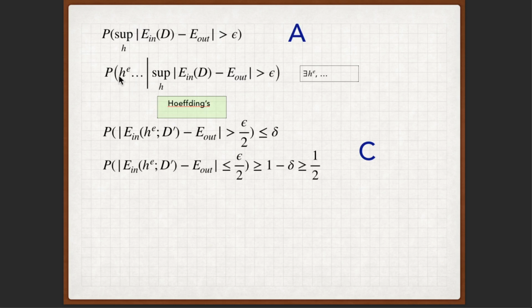Let's consider, what if we take another training dataset, which is different from the previous one, on which our HE is evaluated inaccurately with respect to its out-of-sample error. Let's call that new dataset D prime. Because HE was selected using the original dataset, and D prime, the new dataset, is independent of HE.